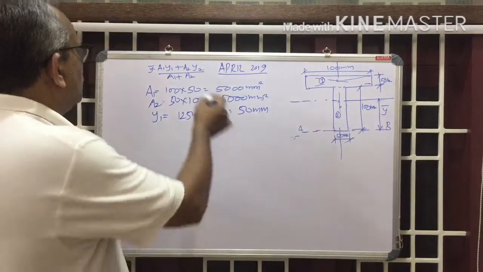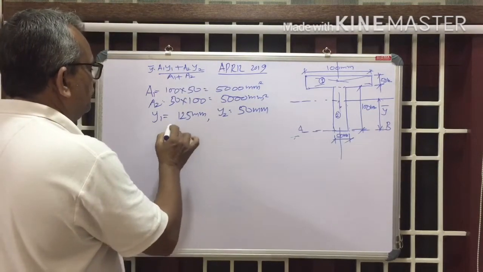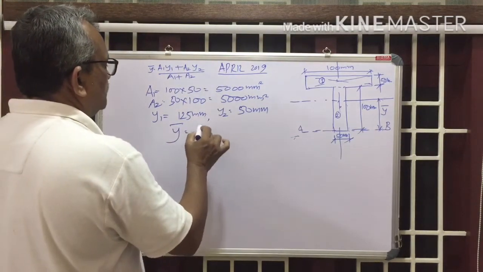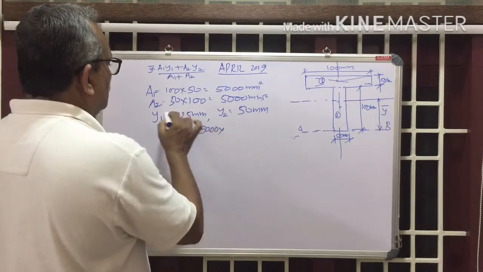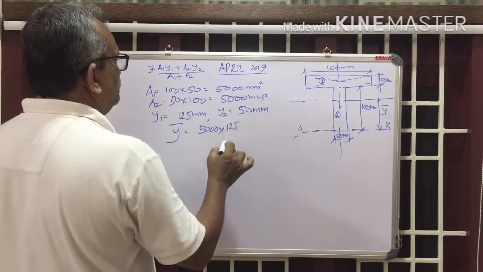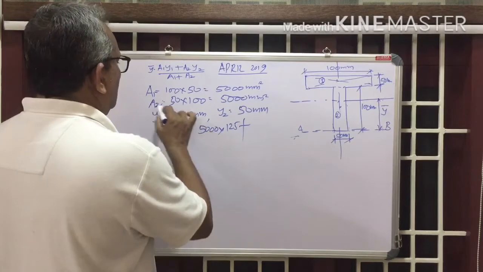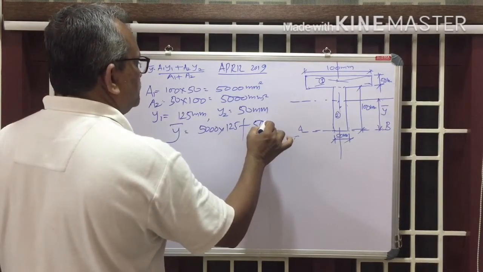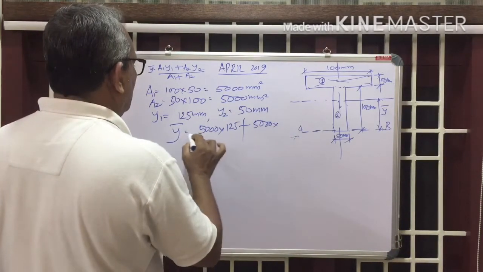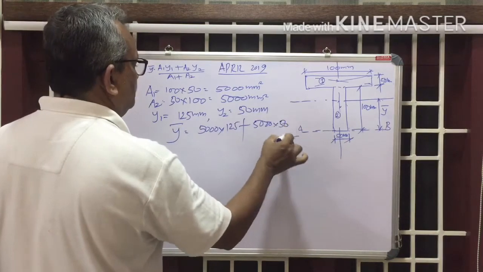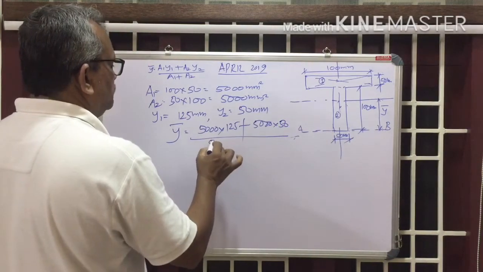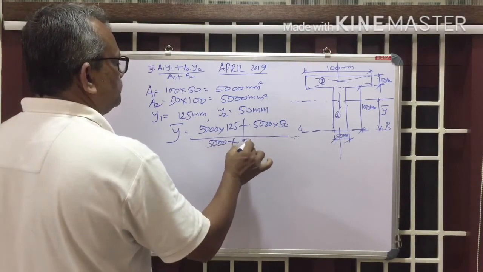Now substitute these values in the equation. Therefore Y bar equals 5000 into Y1, 125, plus A2, which is again 5000, into Y2, which is 50 mm, divided by A1 plus A2, 5000 plus 5000.